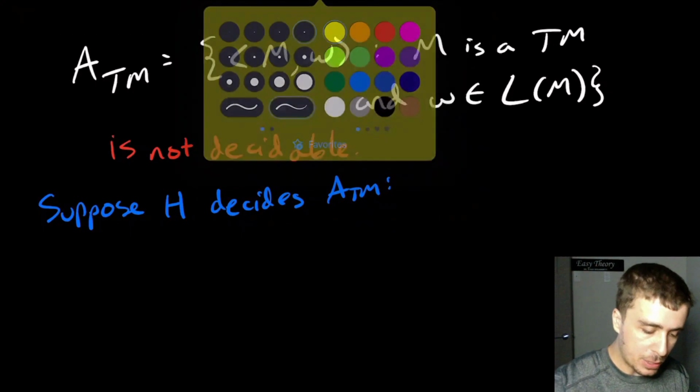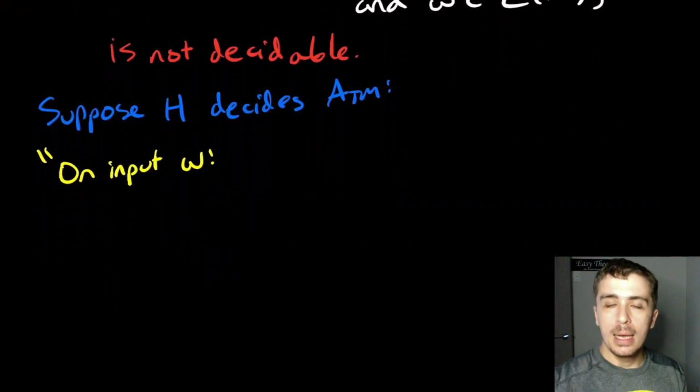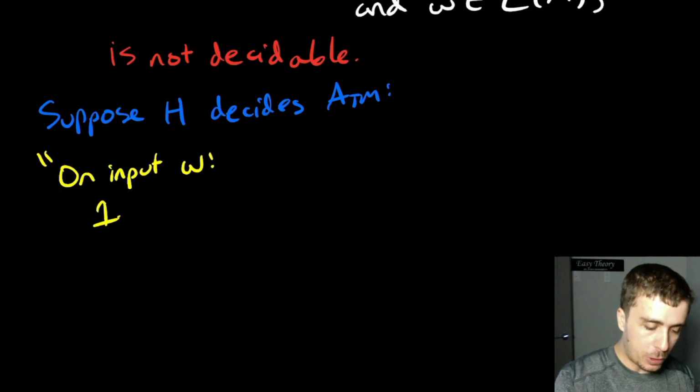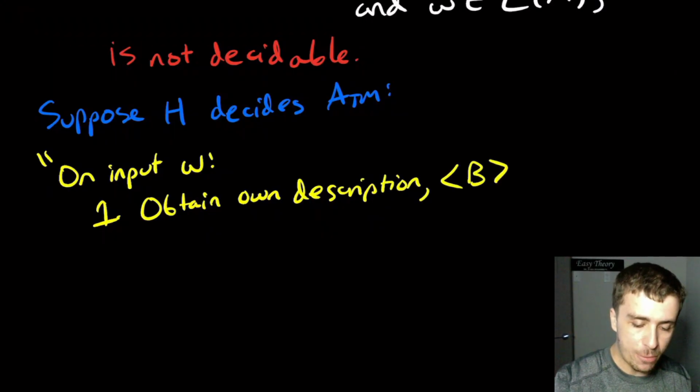So I'm going to build a Turing machine, which is going to get any arbitrary input W, and what it's going to do is it's going to get its own description, which we know we can do with the recursion theorem. So the first step is to obtain own description. And let's call it B, for instance.